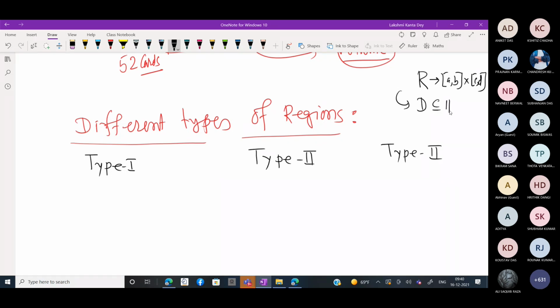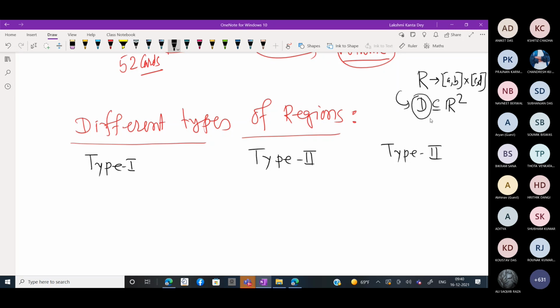This is a subset of R2, but practically this is a little bit difficult. If it is an arbitrary bounded region, then theoretically how we can handle, there is a way out. We have to define a function f tilde on a bigger rectangle in such a way that f tilde is equal to f whenever (x,y) belongs to D, otherwise 0.